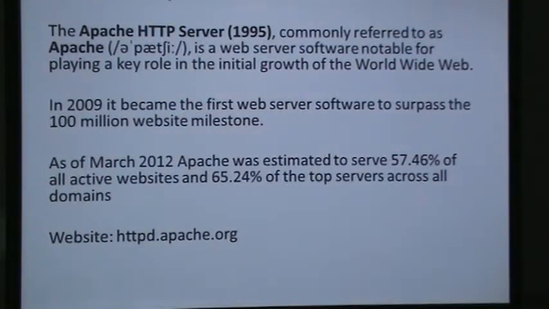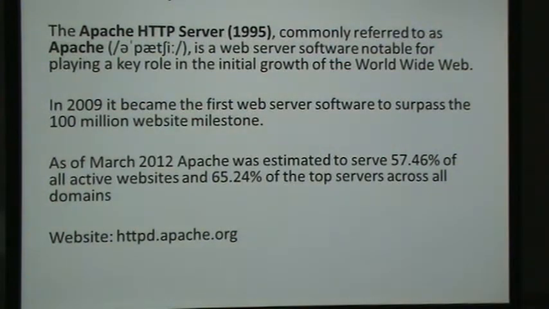The Apache HTTP server first became available in 1995, and it has been playing a key role in the growth of the World Wide Web. And just some interesting facts: in 2009 it became the first web server software to surpass the 100 million website milestone.